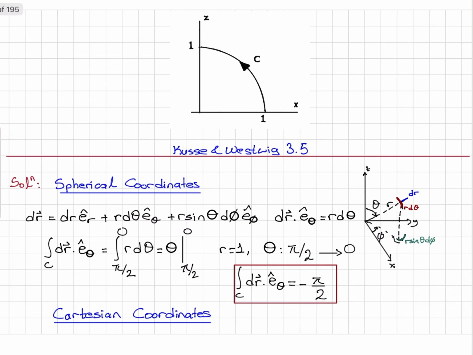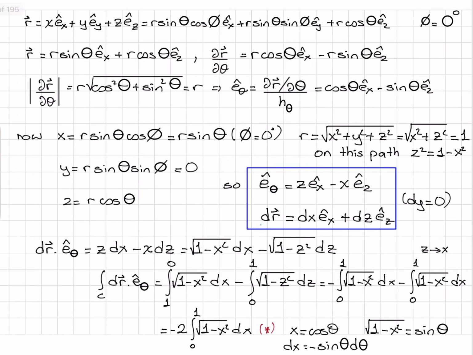Now we see that x goes from 1 to 0, z goes from 0 to 1 in this integral. And we can write this as minus the integral from 0 to 1. So that's what I did here. And replace z with x, so it doesn't matter, this is the integration variable. So I have minus twice the integral 0 to 1 square root 1 minus x squared dx.